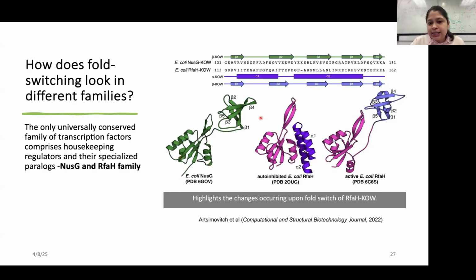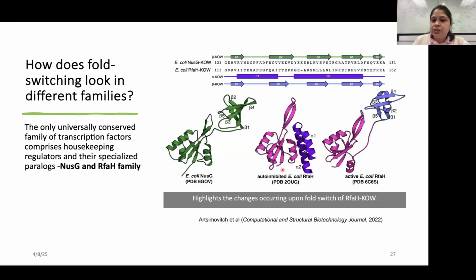The point I'm trying to make is that, again, going back to this family, NusG members usually exist in the C-terminal domain as a beta roll, whereas RfaH, when it binds to DNA and RNA polymerase, does undergo this switch, and 25% of proteins in this family do undergo the switch.